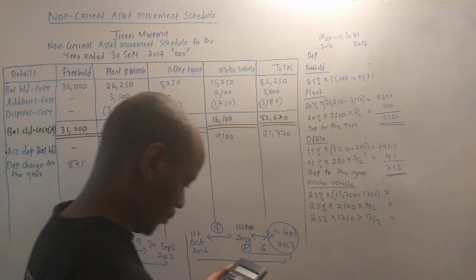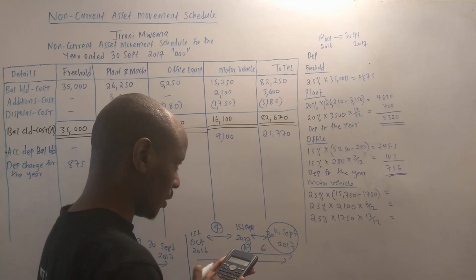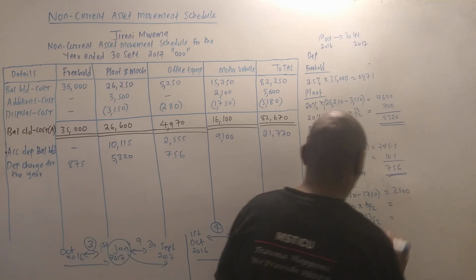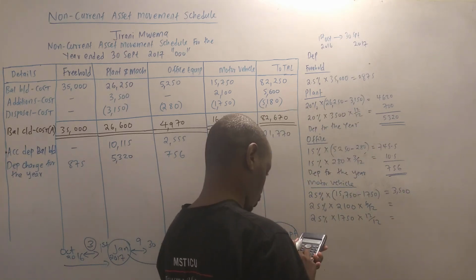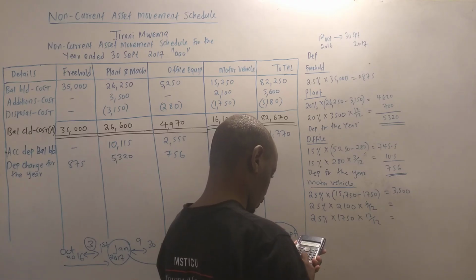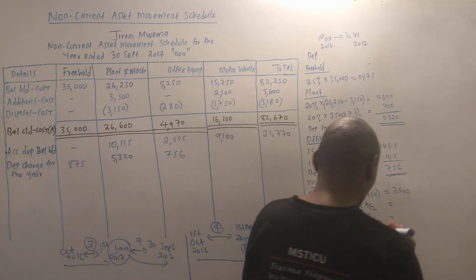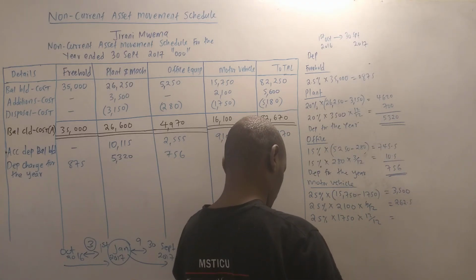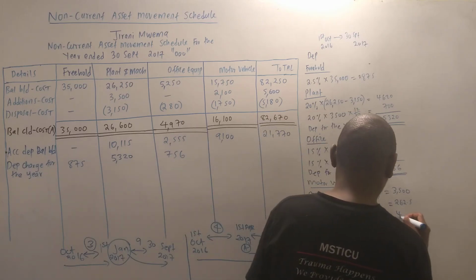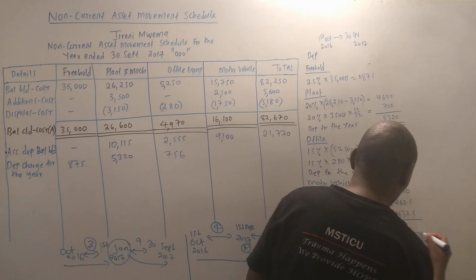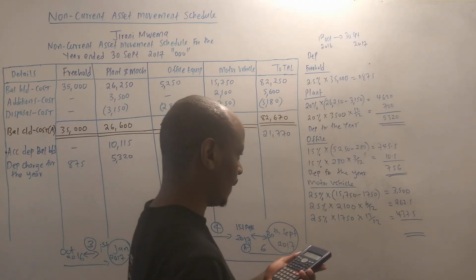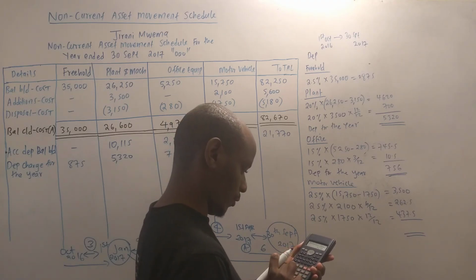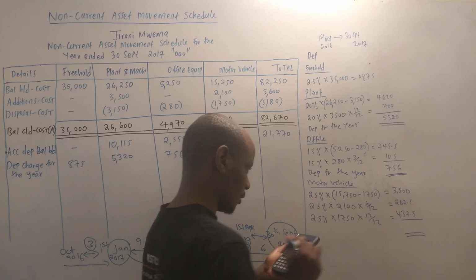Let us see. 15,750 minus 1750 times 0.25, then it is 3,500. 0.25 times 2100 times 6/12, 262.5. Then 0.25 times 1750, 437.5. That is how I get it. So that 3,500 plus 262.5 plus 437.5, that is 4200.